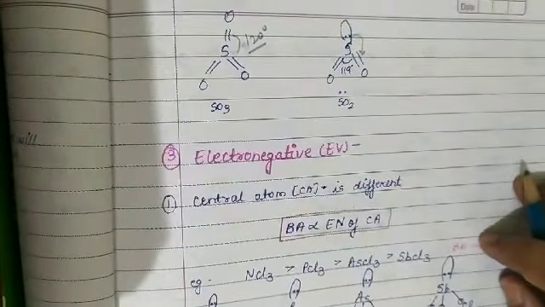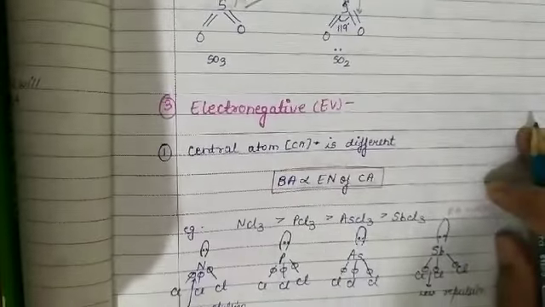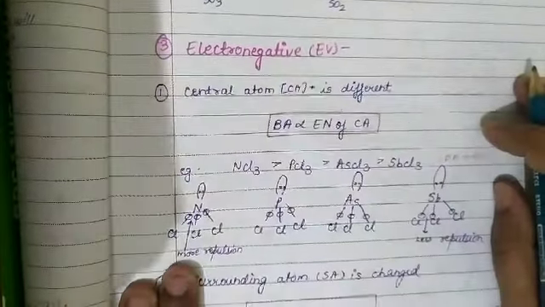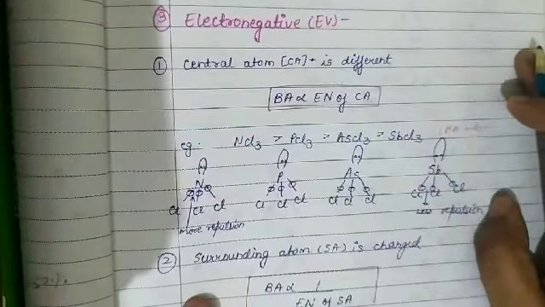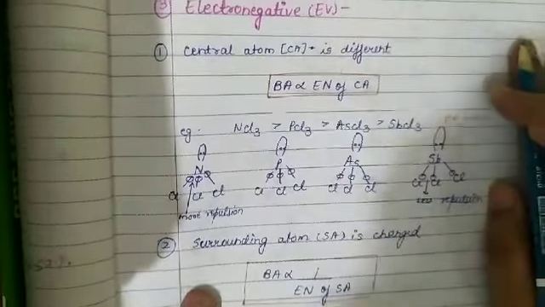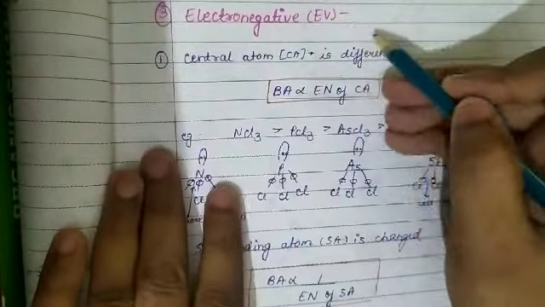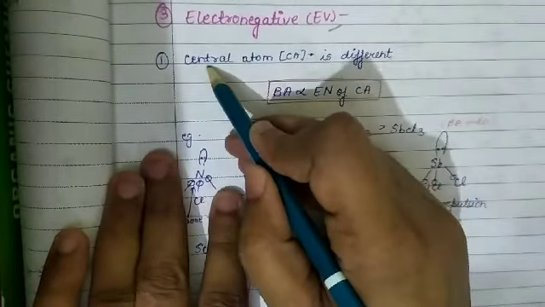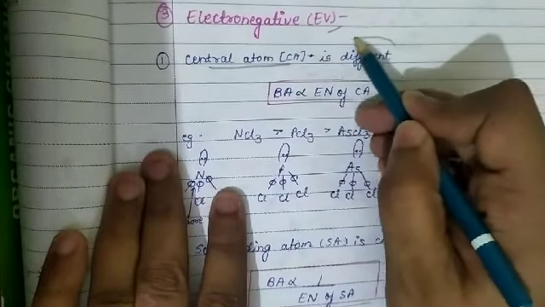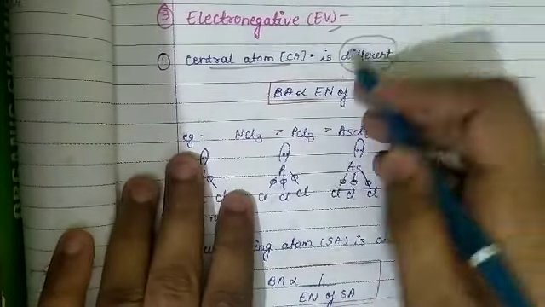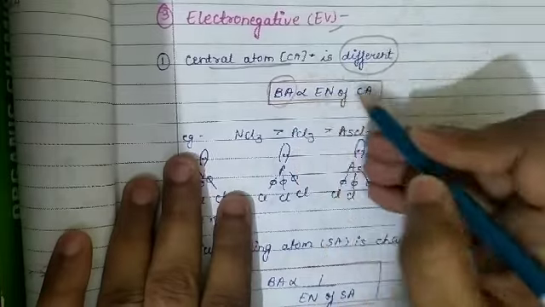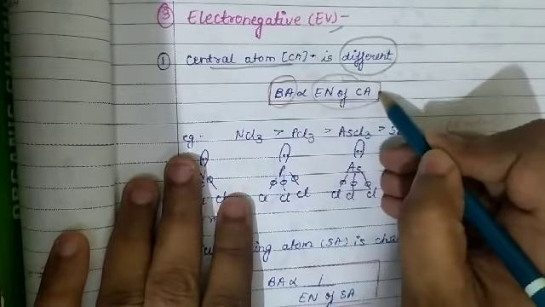See, another factor on which bond angle depends is electronegativity. So what is electronegativity's role? If the central atom is different in the molecule, then bond angle will vary directly proportional to the electronegativity of the central atom.